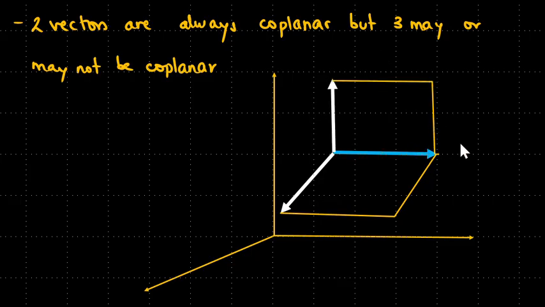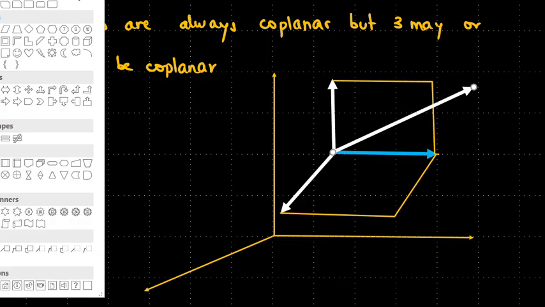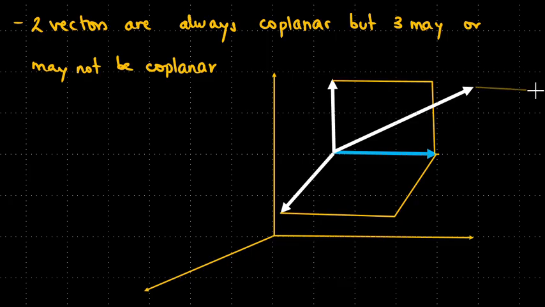If you look at any two vectors, so I'm taking a look at any vector, let's also add another one. Let's create this one so that it's maybe this. A plane like this would clearly be enough to hold the vectors, right? So now we need to talk about why this happens.